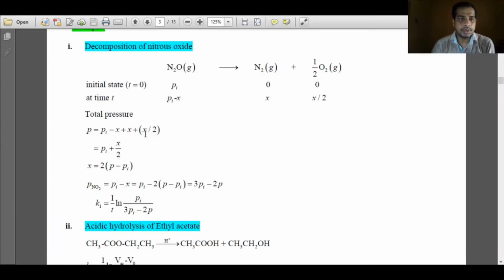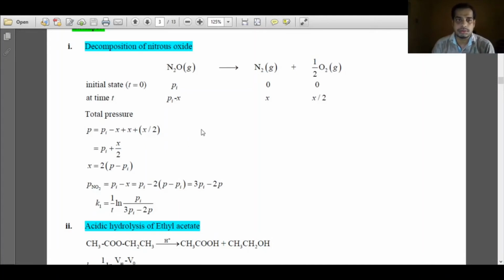So what will be the total pressure? The total pressure will be the partial pressure of nitrous oxide, plus the partial pressure of nitrogen gas, plus the partial pressure of oxygen gas after some time t. So if I add up all the partial pressures, what I'll get is Pi plus x by 2.